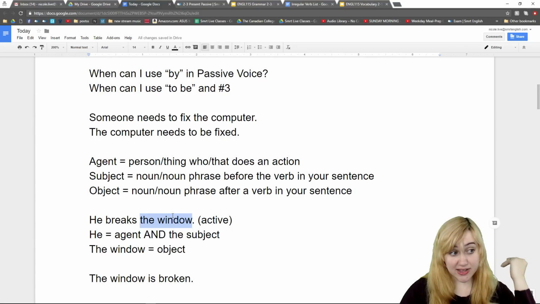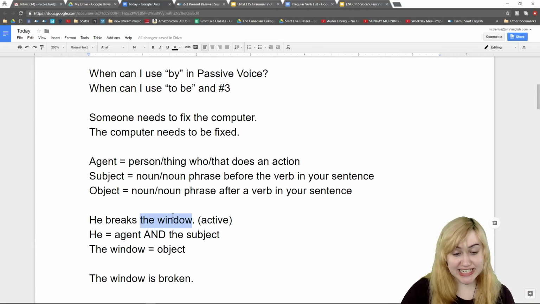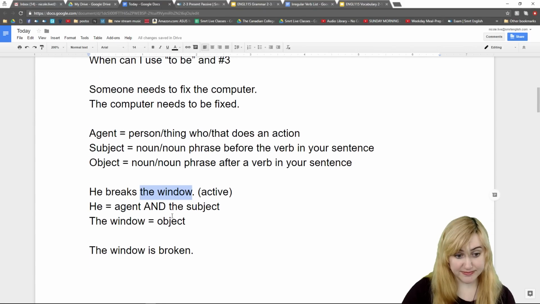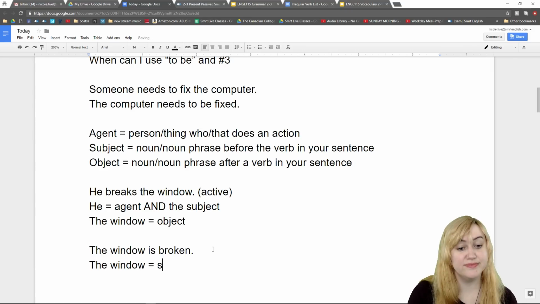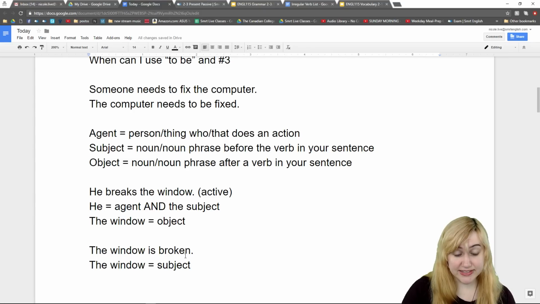So it was an object before, but we're changing it to a subject. So here, now, the window is the subject. We don't have an agent. The agent is missing from this sentence.